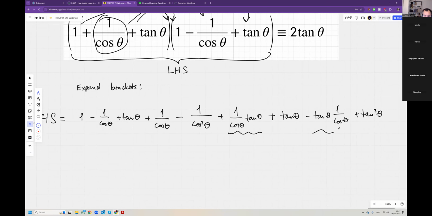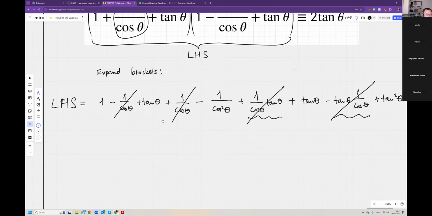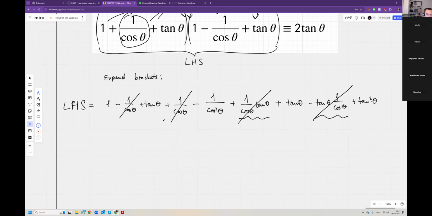Okay, so let's see what I'm left with. Equals 1 plus tan theta minus 1 over cos squared theta plus tan theta plus tan squared theta.